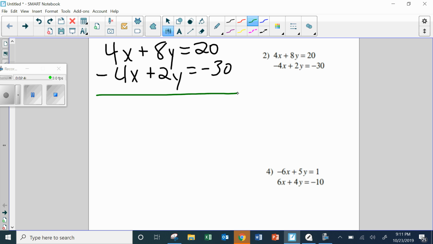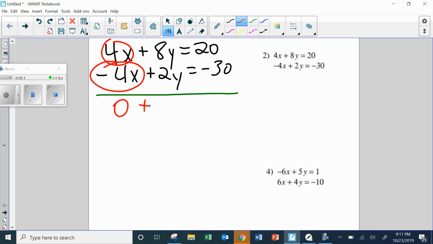So I'm just going straight down each column, combining them. If I combine 4x and negative 4x, they come out to be 0, because a negative 4x plus a positive 4x just cancels each other out. Just like negative 1 cancels out positive 1, negative 4 cancels out positive 4.